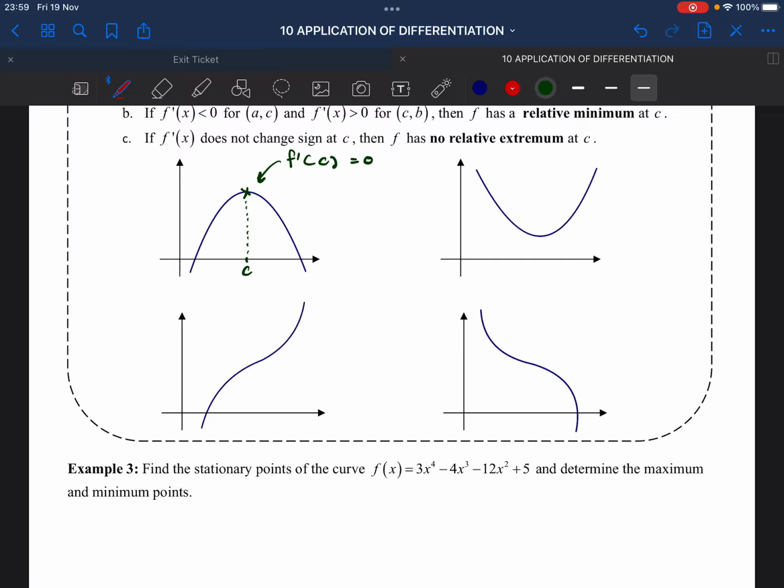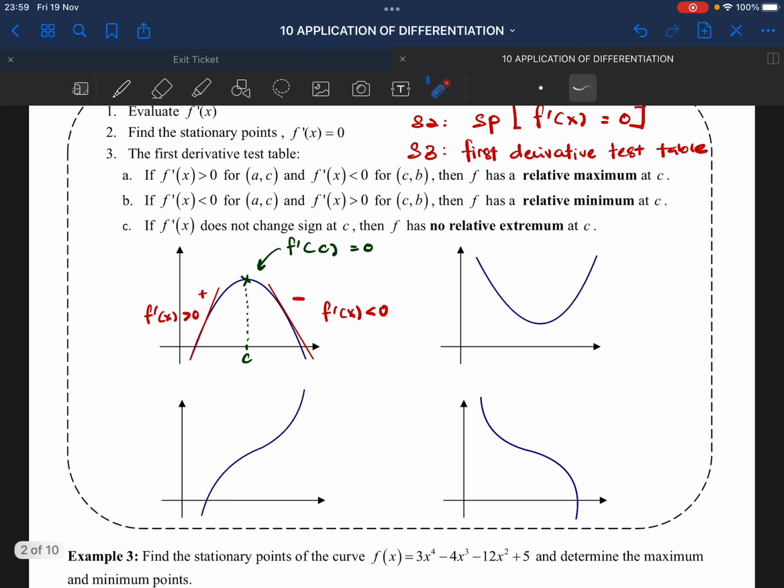As you can see from here, the gradient of f prime x is greater than 0, positive. Also here, the gradient is negative, f prime x is less than 0. So that is what this sentence means. If our f prime x is positive and then f prime x is negative, the point will be a relative maximum.